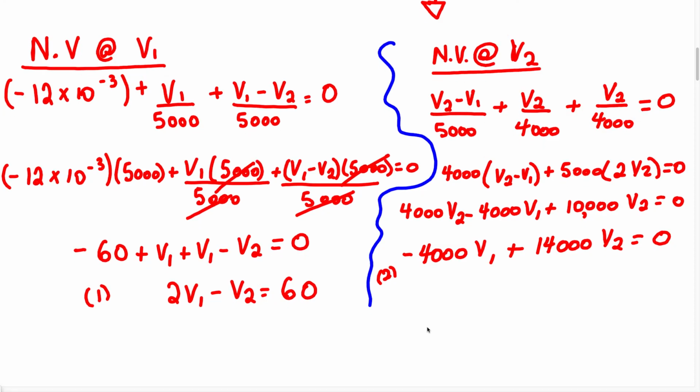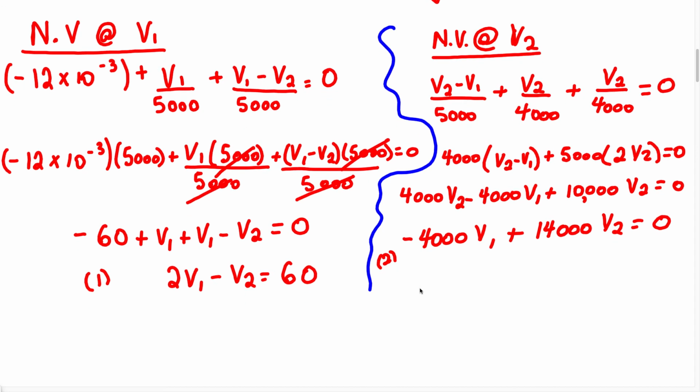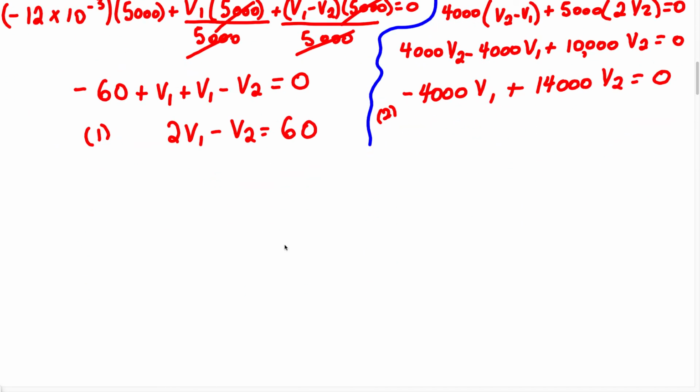Okay, now we're going to use matrices to solve for the unknowns V1 and V2. Of course, you can do substitution if you want to, but I'm just going to do matrices. So we have 2, negative 1, and we have negative 4,000 and 14,000.